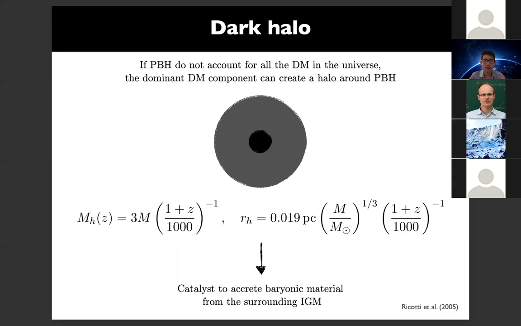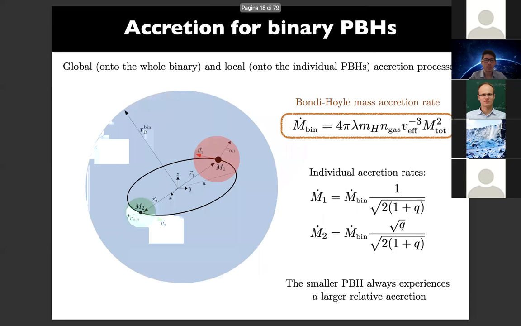And the main effect of this halo is to act as a catalyst for the baryonic accretion rate. So basically its main effect is to enhance the accretion rate onto the primordial black holes. Then we can move to the description of accretion onto binary primordial black holes. And here the situation is a bit more complex because one has not only processes onto the individual primordial black holes, so locally, but also onto the whole binary.